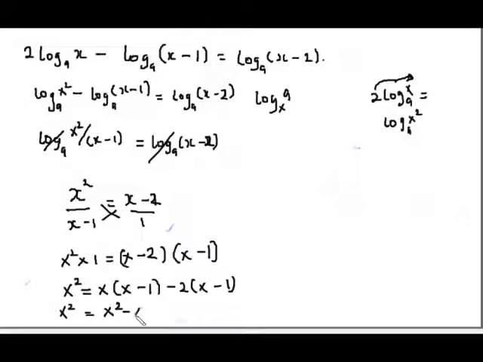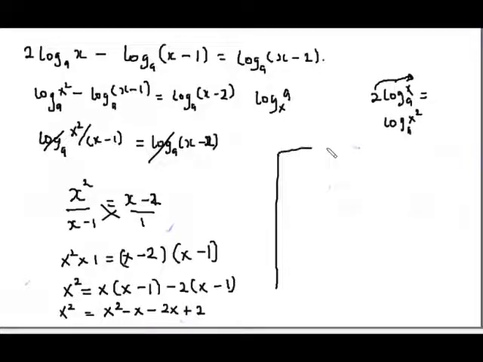Now we have our second bracket to deal with. This is minus 2 times x, which is minus 2x, minus 2 times minus 1 is plus 2.